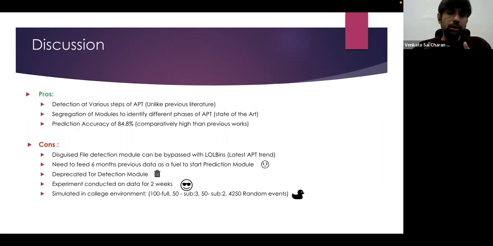And coming to the drawbacks, or the other side of the coin, there are some other latest techniques called lolbin, which stands for living off the land binaries. Recently this kind of attack became very popular across various corporate networks. Lolbin means the attacker will not try to deploy a payload.